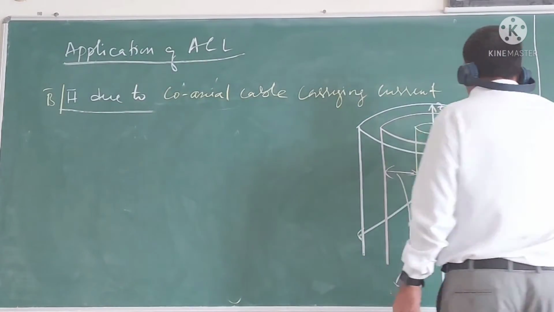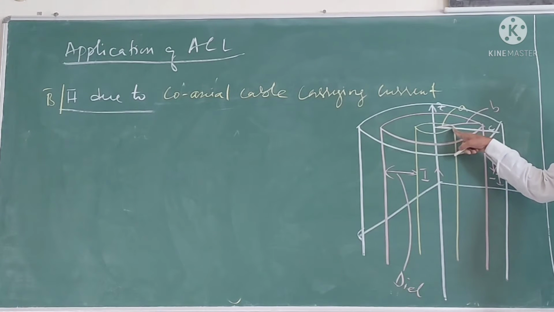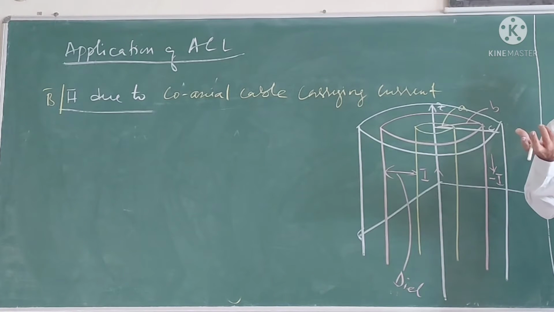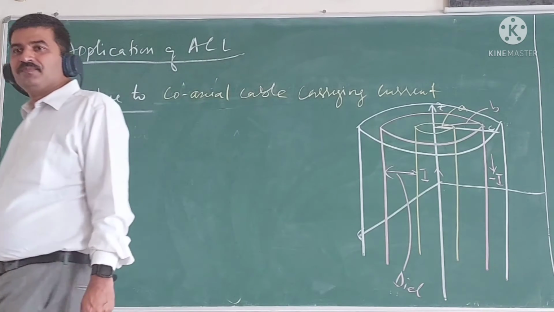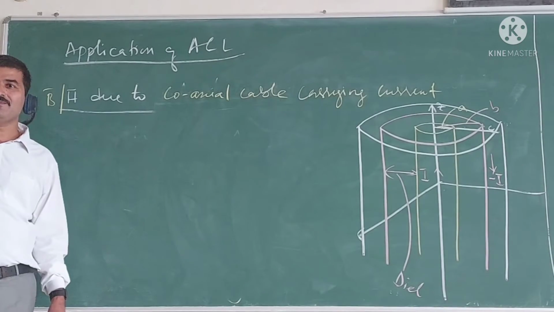One H within A, H between A to B, H between B to C, and then greater than C. Means the first Amperian path should be within A. I'll take the radius of the Amperian path as R. The radius should be less than A. The radius should range from A to B, B to C, and greater than C. Let us consider the radius of the Amperian path as R.